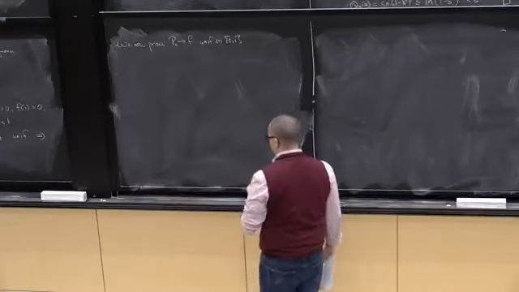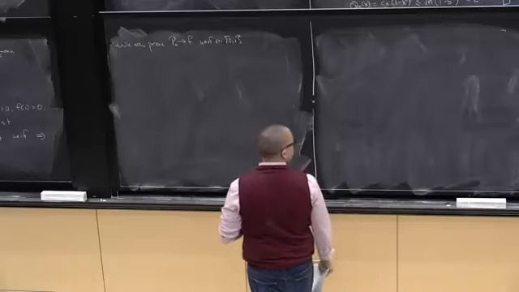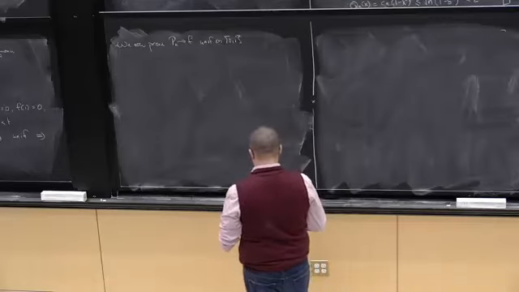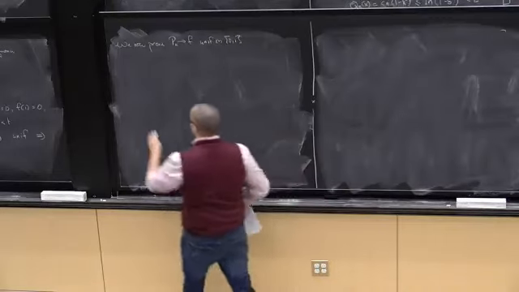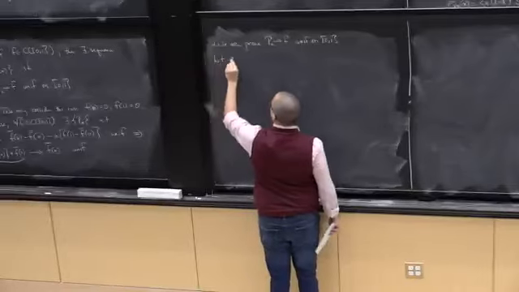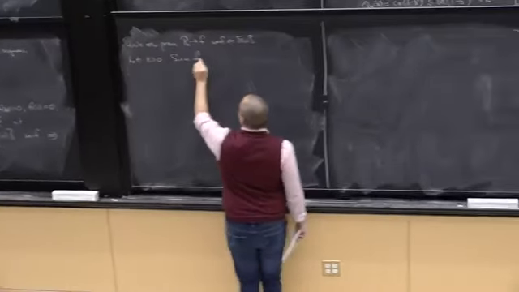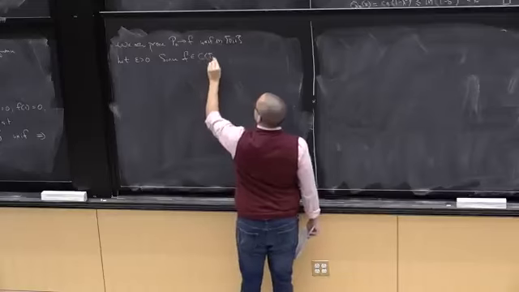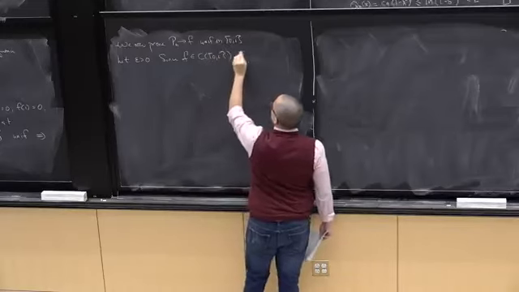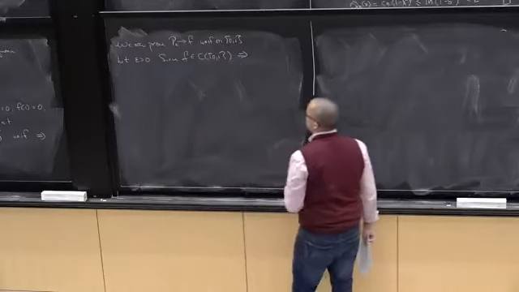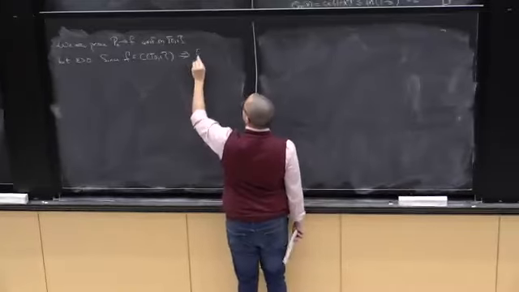All right. Okay, so let epsilon be positive. Since f is a continuous function on a closed and bounded interval, we know that it's uniformly continuous.